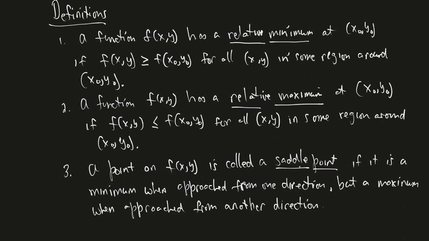So saddle points are neither minimums nor maximums. It's like this weird twisting of the surface, where in one direction the surface is going up from this point, and in another direction the surface is going down from the same point, right?